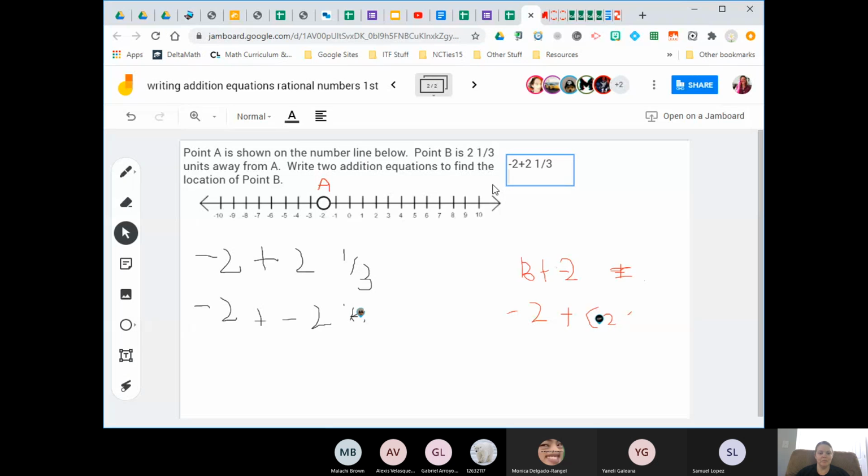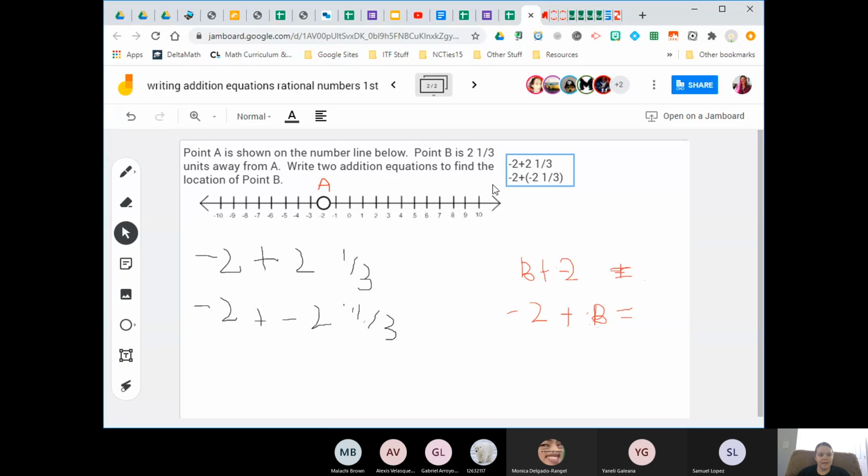Right, so -2 plus a -2 1/3. You guys are doing a great job writing with the mouse here. Okay, so our other one would be -2 plus -2 1/3.